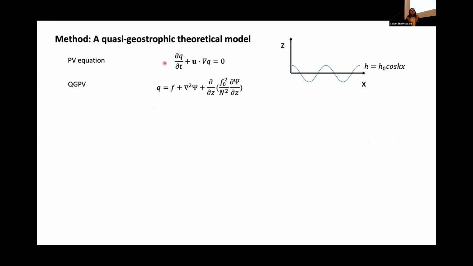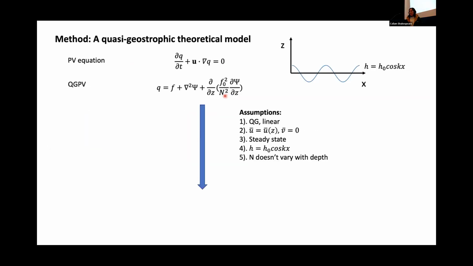The governing equation just starts with the evolution of QGPV, and QGPV is related to the absolute vorticity and stratification. We apply some assumptions to this model, including linearization. We also assume a zonal background velocity and a steady state.